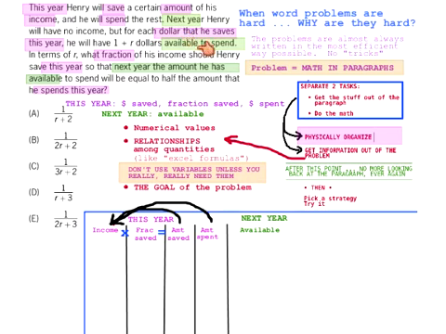And then, for each dollar that he saves this year, what does that mean? For each dollar that he saves this year, he will have 1 plus R dollars available to spend. What does that mean in terms of math operations?